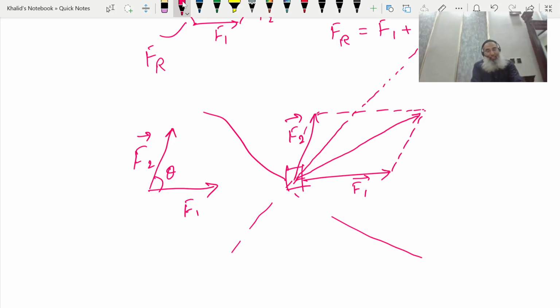And physically, what does it mean? Physically, it means remove these two forces. Apply only this force, Fr.